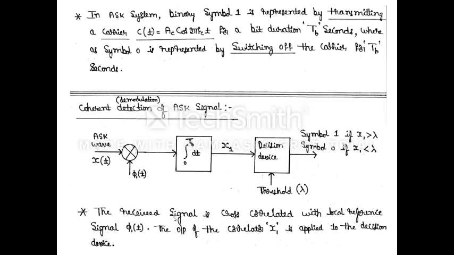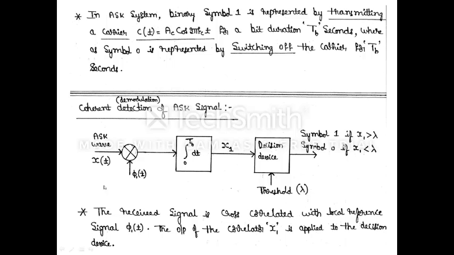In an ASK system, binary symbol 1 is represented by transmitting a carrier c of t, Ac cos 2 pi fct. It is written as Ac equal to under root 2 Eb divided by Tb, continued with cos 2 pi fct, for bit duration Tb seconds, whereas symbol 0 is represented by switching off the carrier for Tb seconds.